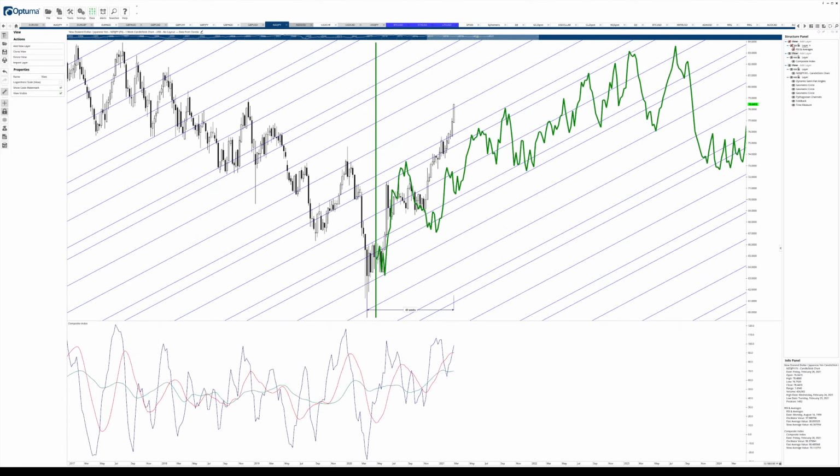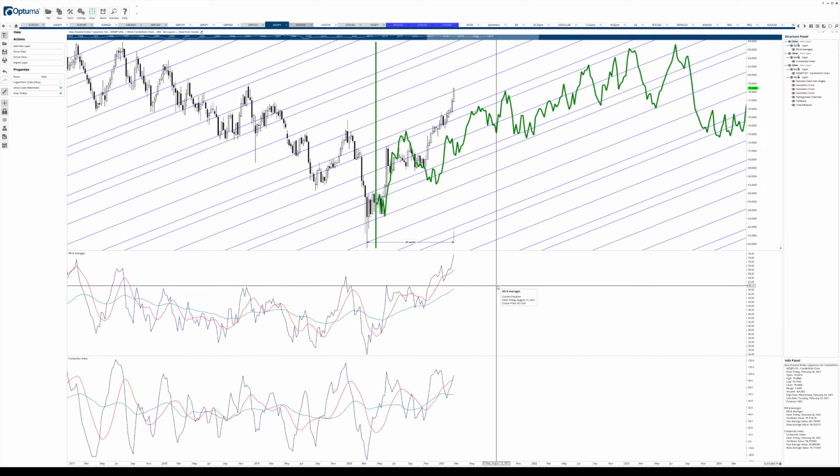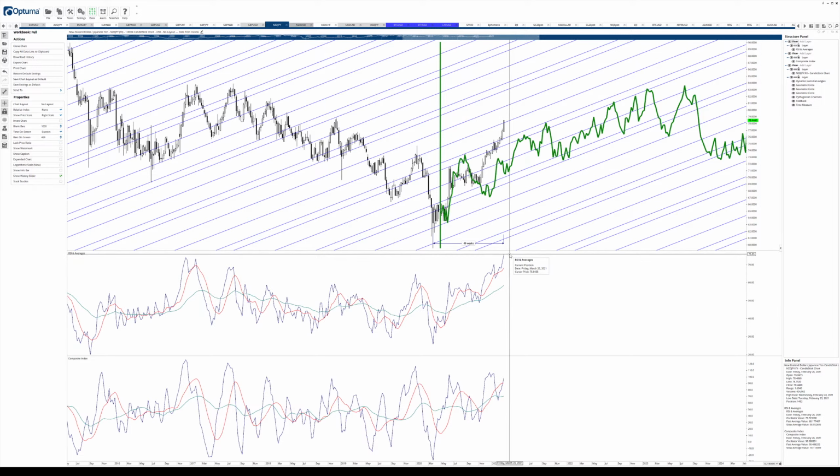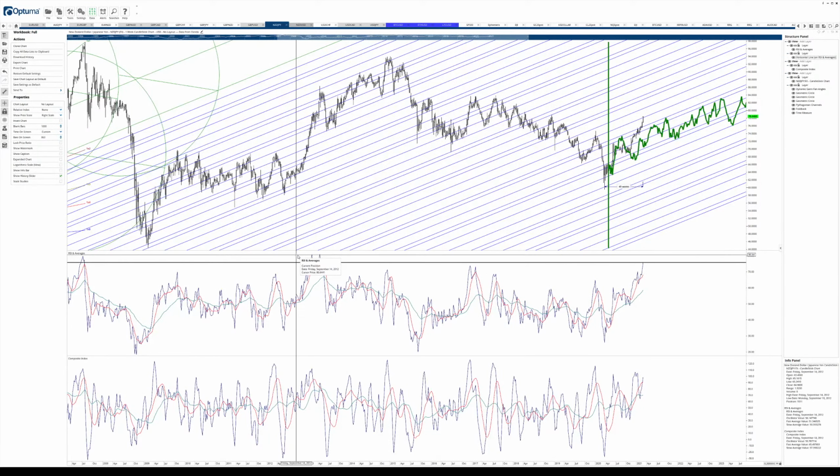I want to bring back the RSI and the composite index though, because these are at some pretty important levels. So the RSI, this is on the weekly chart. If I put a horizontal line here, it's a good idea to just have a frame of reference of how high it is. So the last time we were trading with the RSI at this level, that was back in April of 2013.